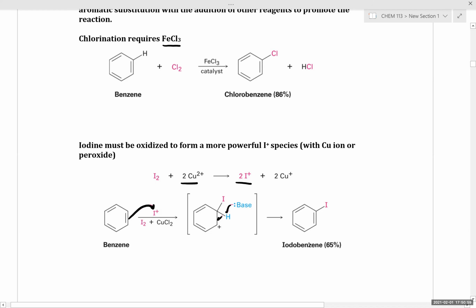Any questions on variants involving chlorine and iodine? We can even draw the mechanism for chlorine just to show everyone what's going on.